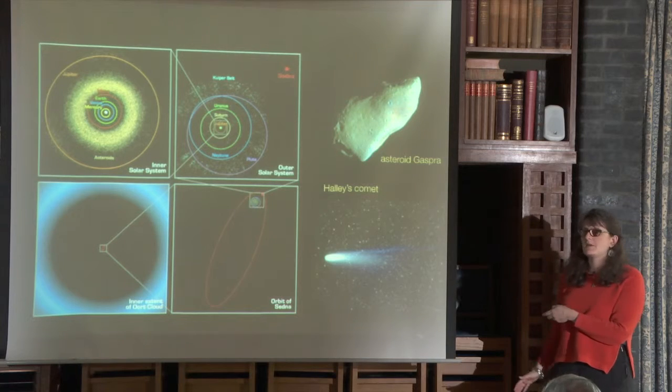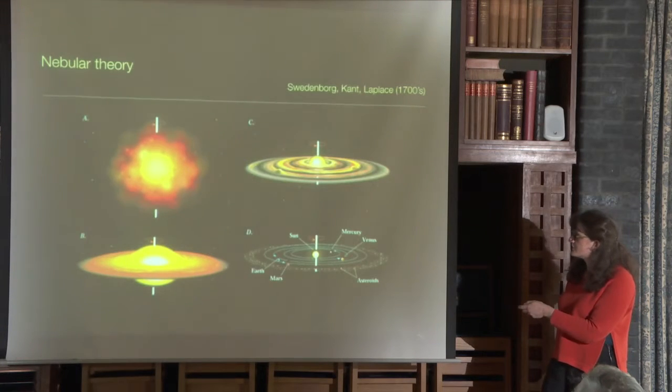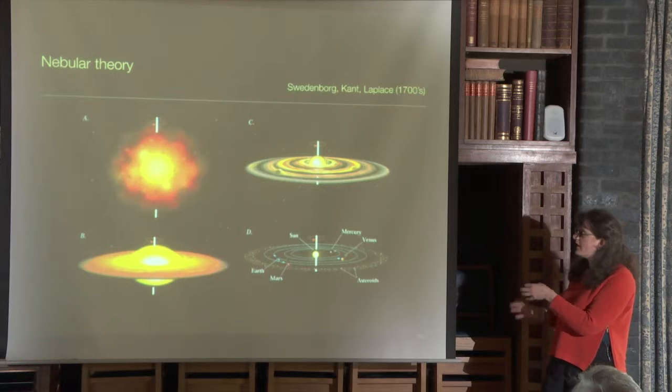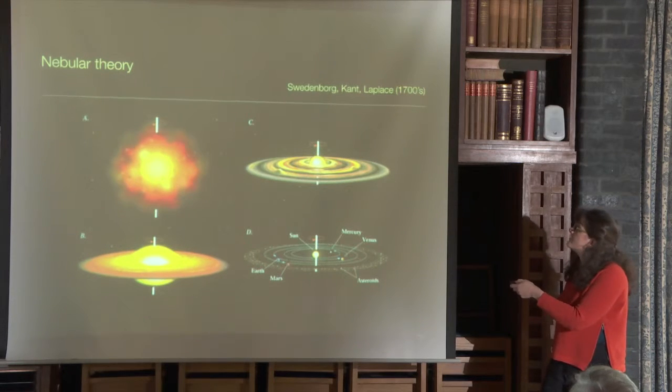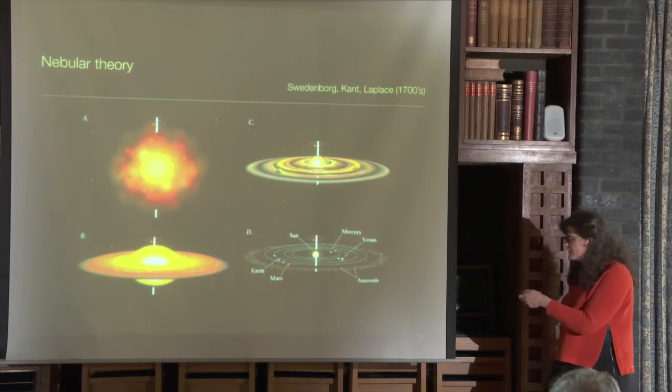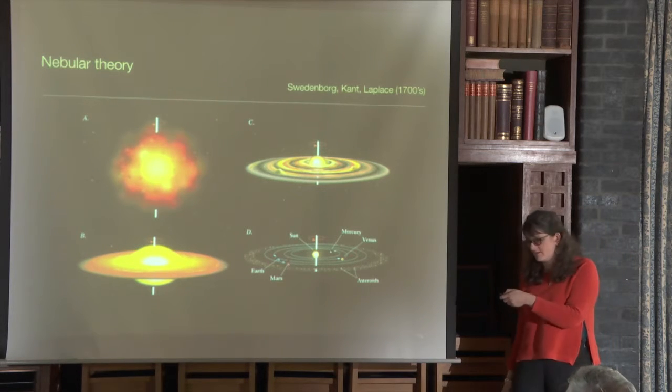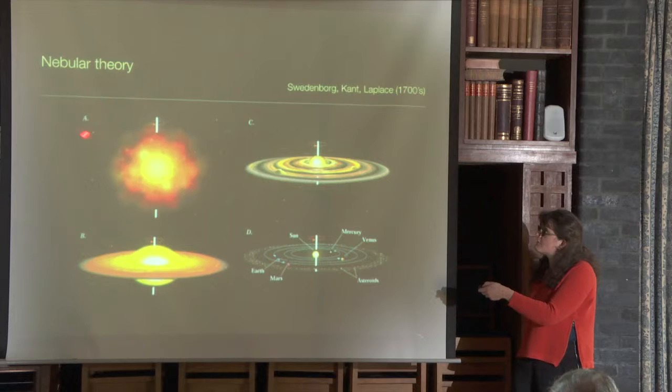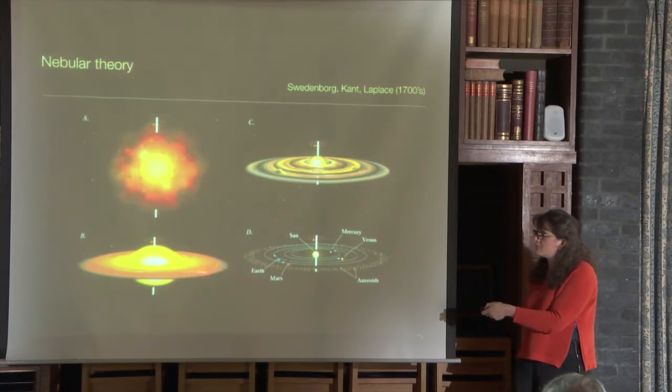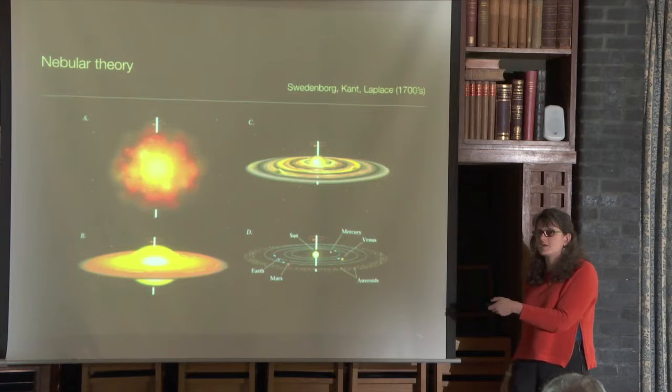We'll hear a lot more about planet formation in the rest of this talk, so I'm just going to very briefly give a simple outline of the theory that was really developed in the 18th century, but some broad aspects of which remain correct to this day. So stars are thought to form as the result of the gravitational collapse of a cloud of molecular gas and dust. And in order for this collapse to happen, a disk needs to be formed so that the material can exchange angular momentum.